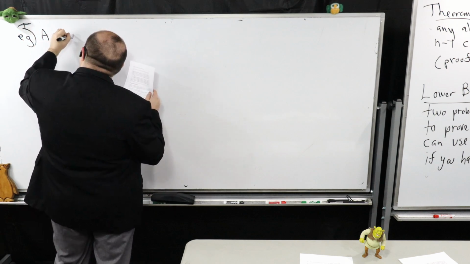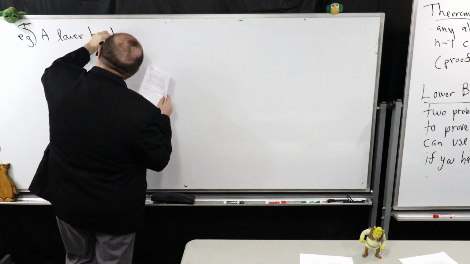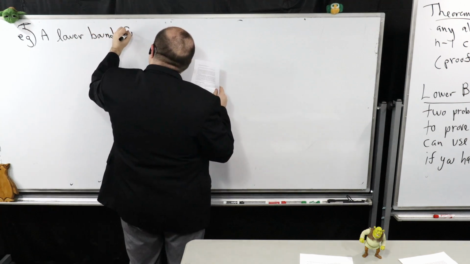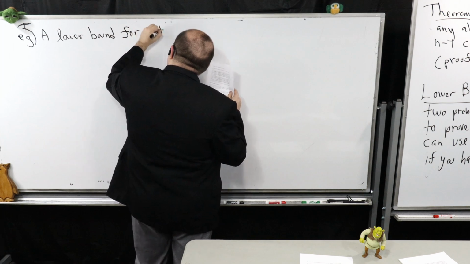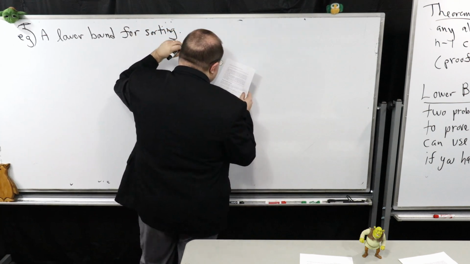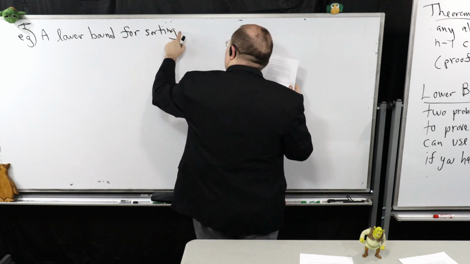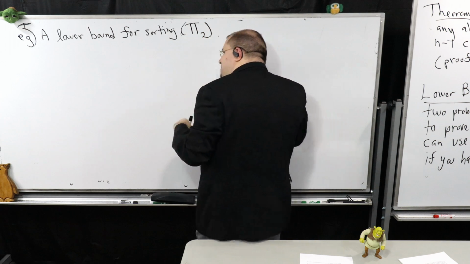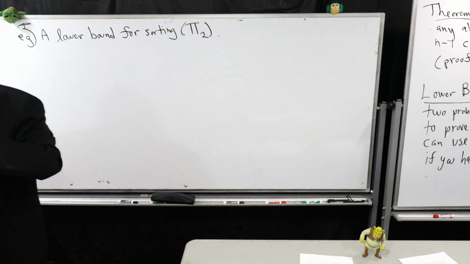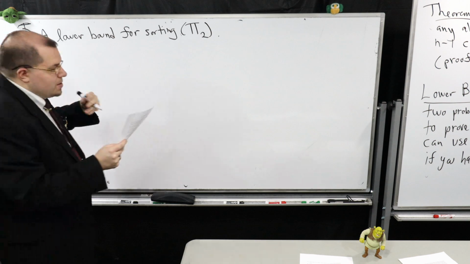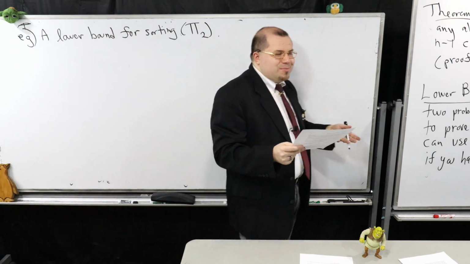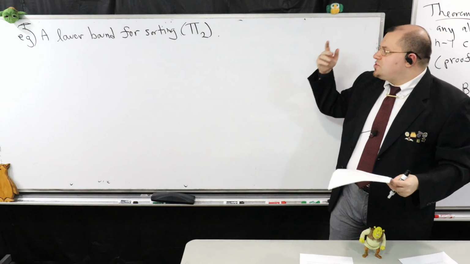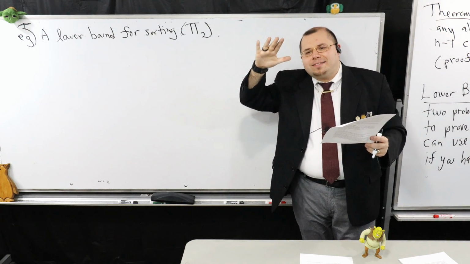So we're going to try proving a lower bound for sorting. I'm going to refer to this, as I said previously, as Pi 2. We're going to try to establish that we can't sort in time less than linear time.